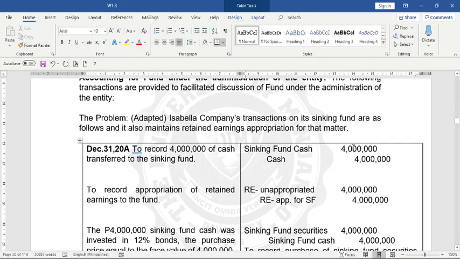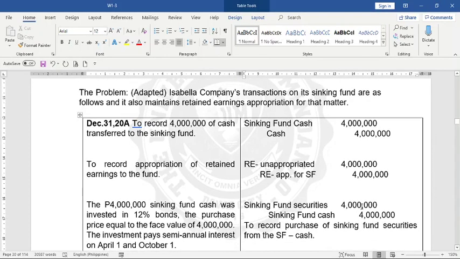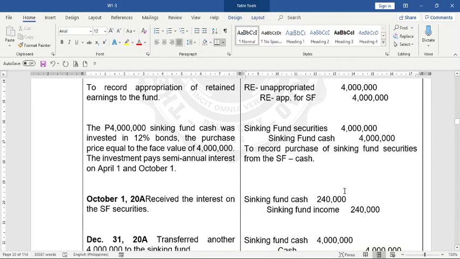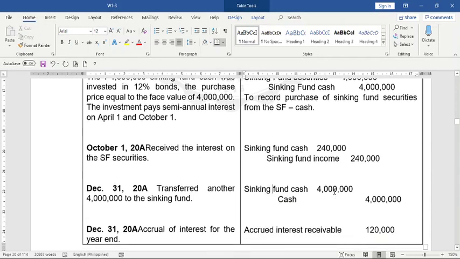Kung magawa ka ng T-account, 4 million minus 4 million. So, wala nang sinking fund cash. Nadagdag sa sinking fund securities, 4 million. Nadagdag sa sinking fund income plus 240. And then another sinking fund cash plus 4 million.